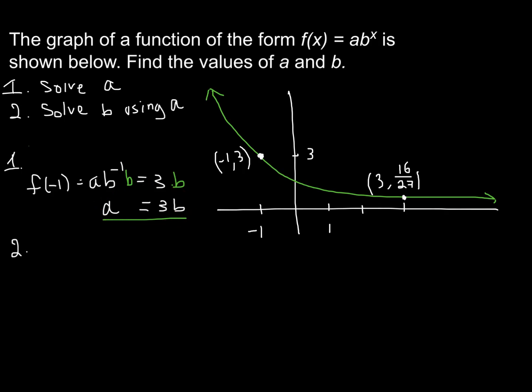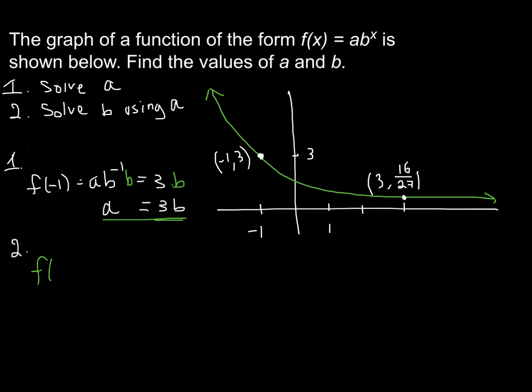It's not a number that we know. It depends on b, but it's going to allow us to move onward and use this new value of a to solve for b. So just like we've done in the past, we're going to use the next point with our new value for a, to solve for b.